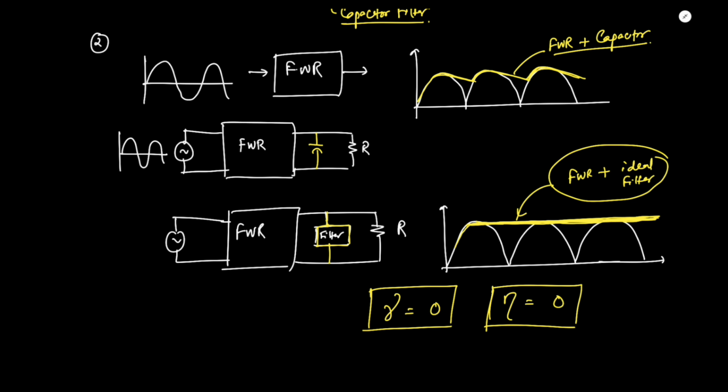If both are equal, the efficiency will be at its highest value, 100%, and the ripple factor will be at its lowest value, that is 0, meaning no ripples.